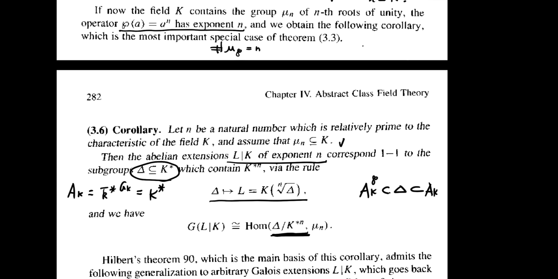For me, there's still a problem. It's not very clear what are field extensions of exponent n and so on. The problem lies here. You have to fix module A. What is module A?